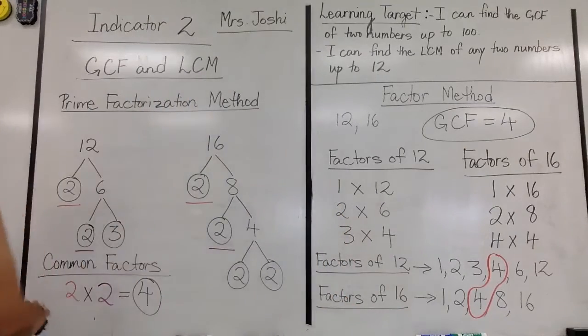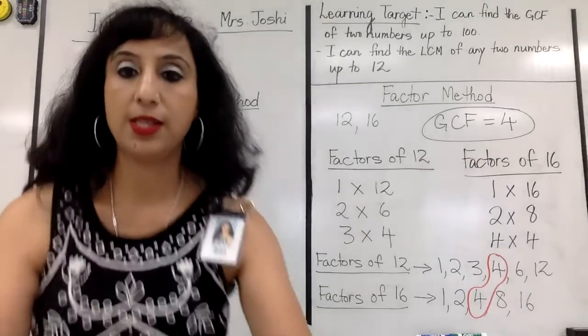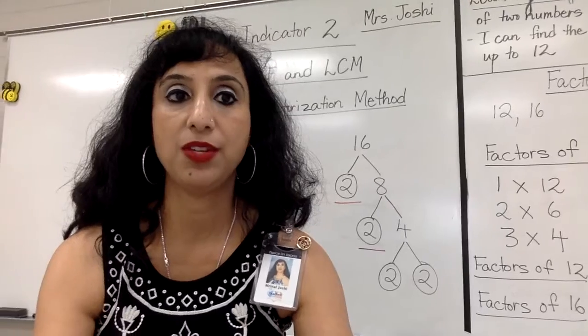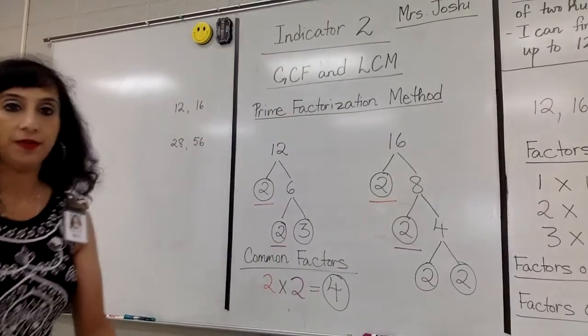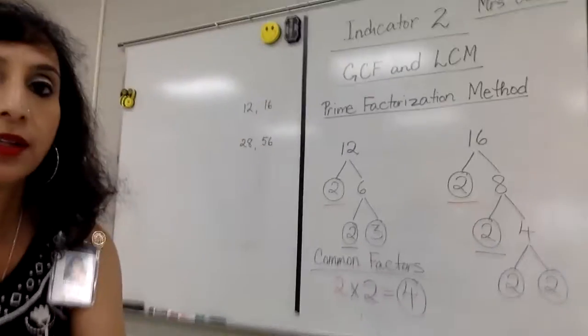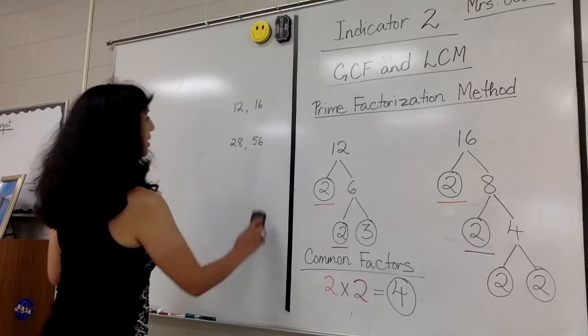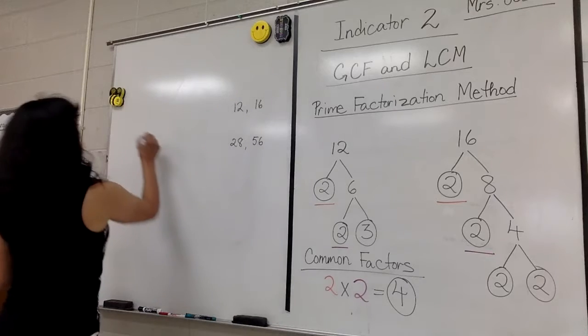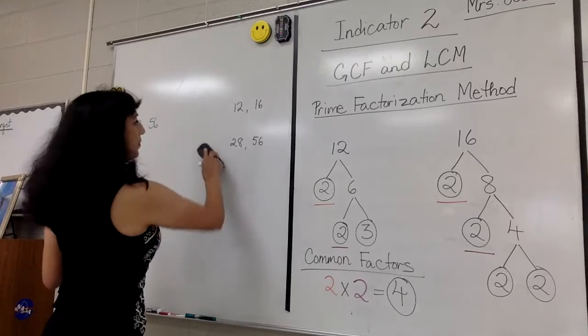Now let me show you a method which is my personal favorite because it goes so fast. Let's see if I can just turn this a little bit so I don't have to erase. All right. So if I take 12 and 16, let's look at this here.